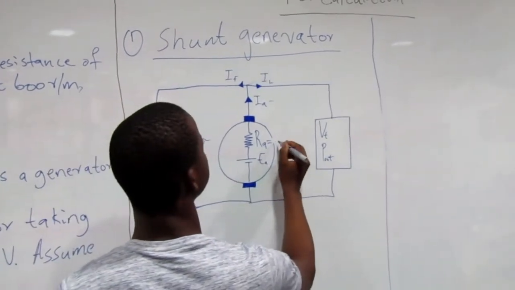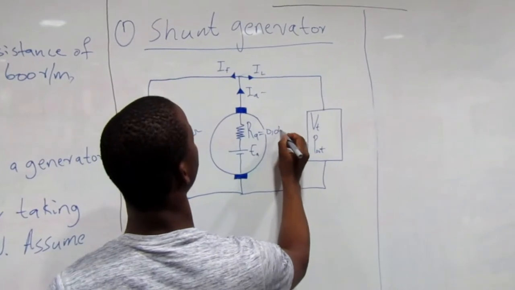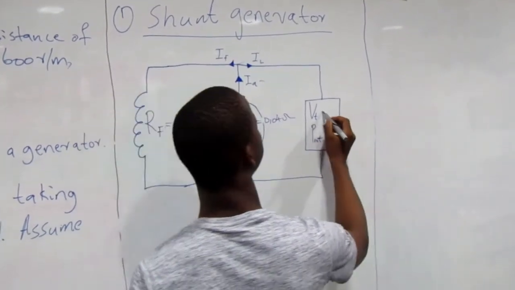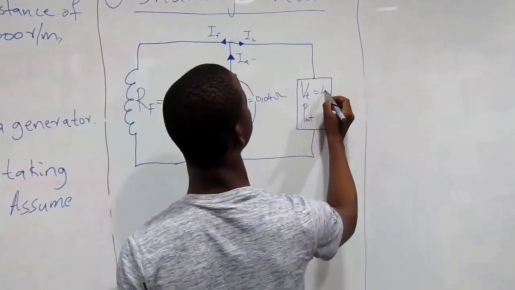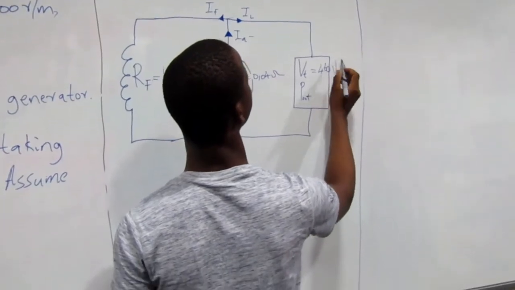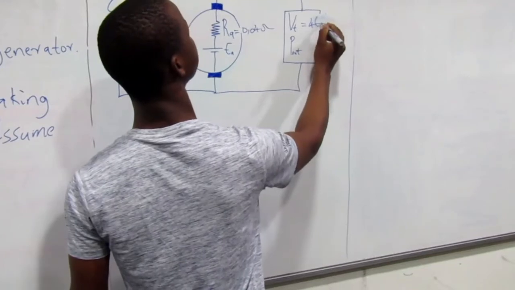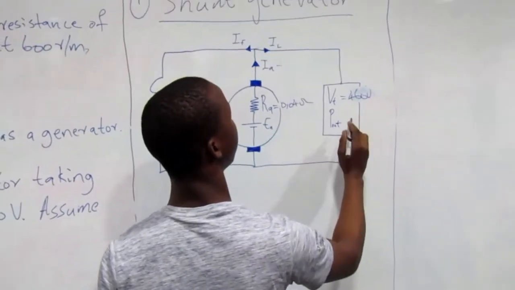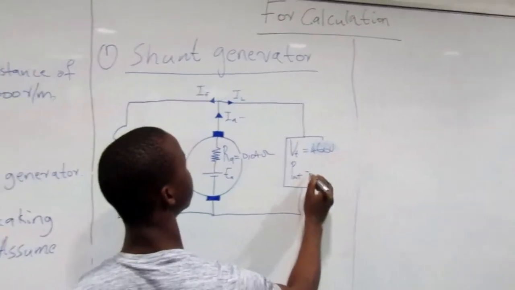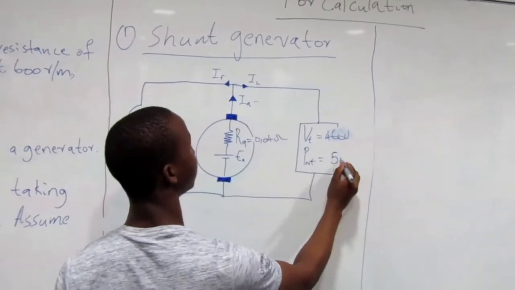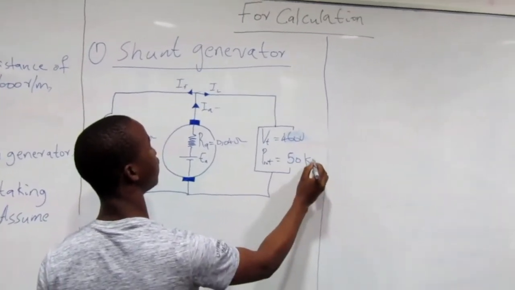The armature resistance is 0.04 ohm, the terminal voltage is 460 volts, and the power output is 50 kilowatts.